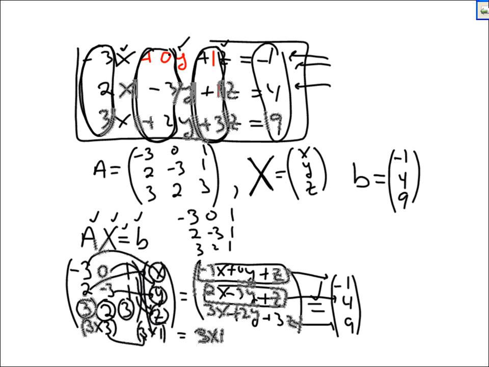You multiply it, in this case, by the variables x, y, and z, and you get the numbers on the right-hand side. This equation, it's an equation because it has an equal sign, is the same as those 3 equations on top. It's shorthand notation for the same exact thing.